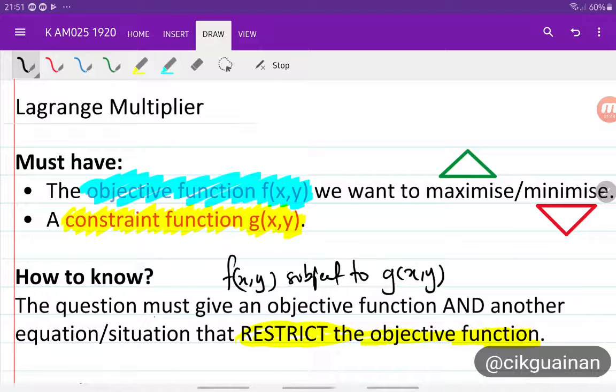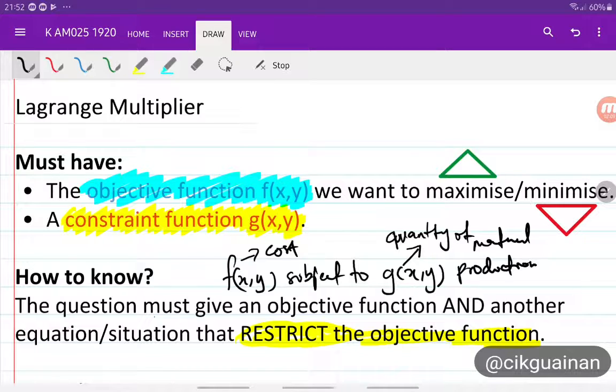For example, maybe our f is our cost, and this is our quantity of material, or maybe production level. So our cost might be bounded by this constraint.